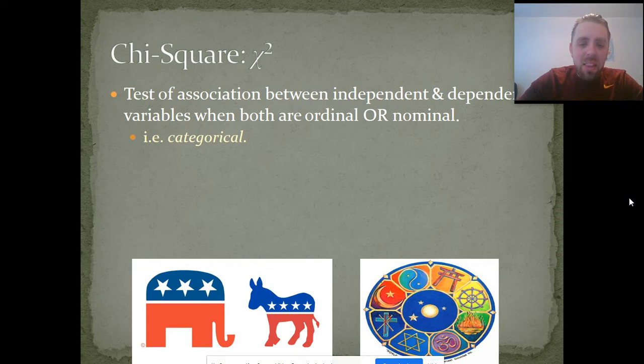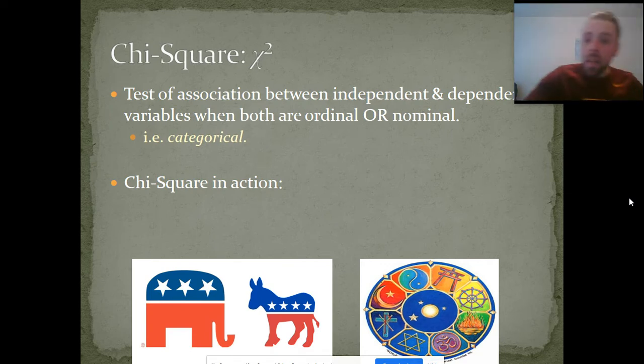So if I look at the example that I have here, let's think about chi-square in action. Let's say I want to understand. Excuse me. It's dusty in here. That's not a COVID cough. Sneeze, pardon me. Let's look at chi-square in action. On the left side of the left picture that I have here is political affiliation.